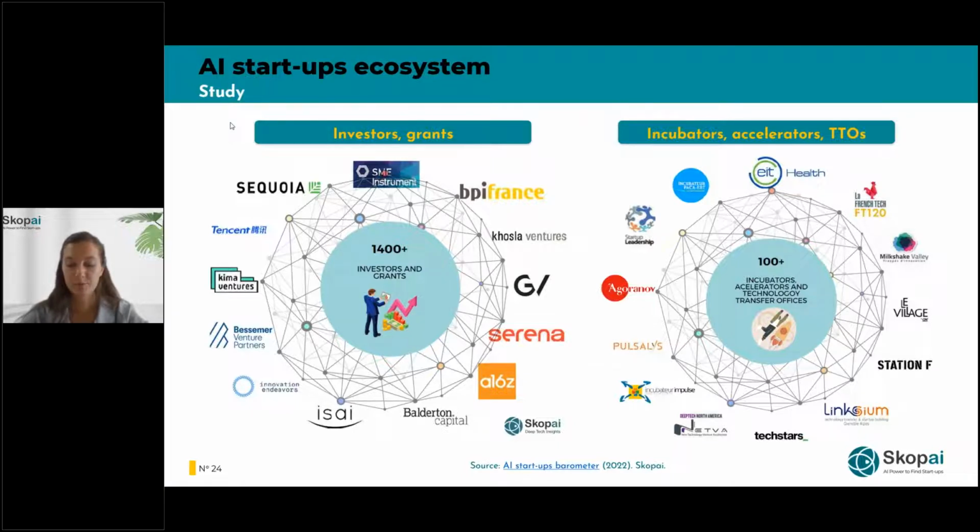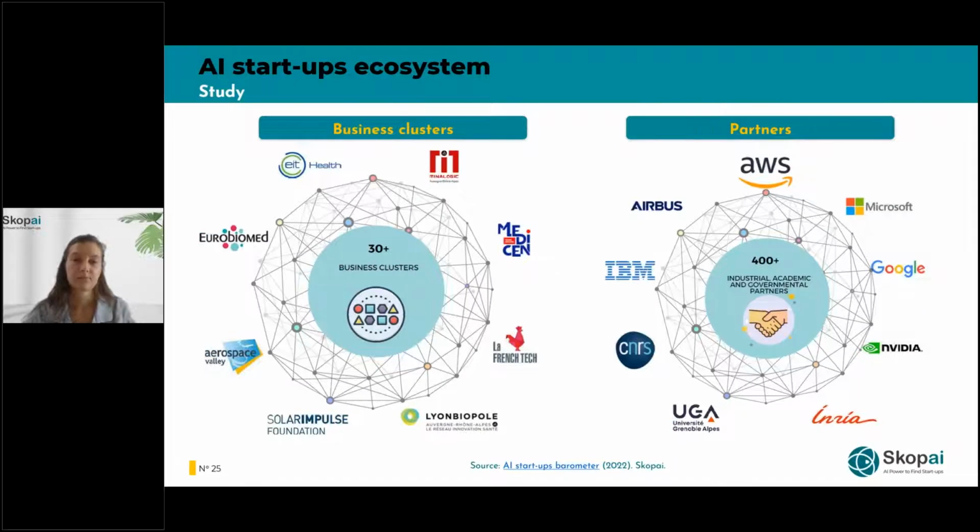AI startups have participated in more than 100 different incubators, accelerators, and technology transfer offices, such as, for example, IT Health, the French Tech, Techstars, Station F, and others.